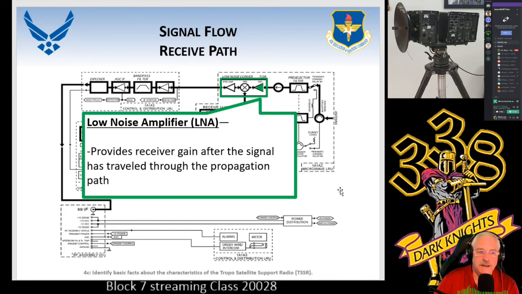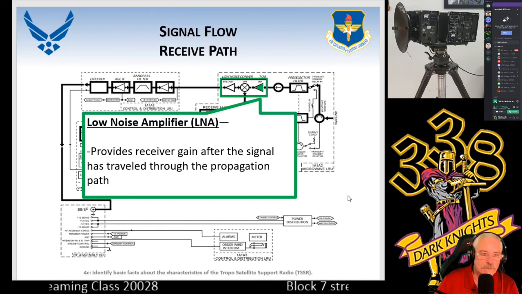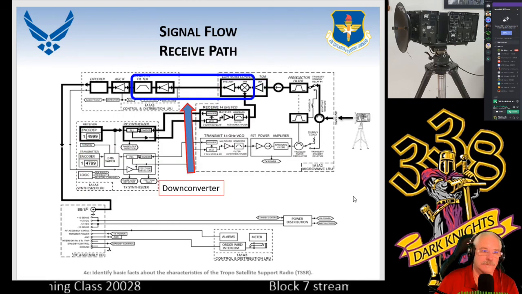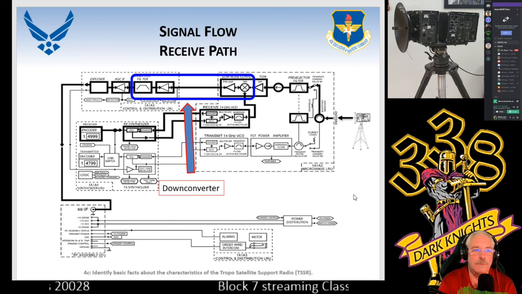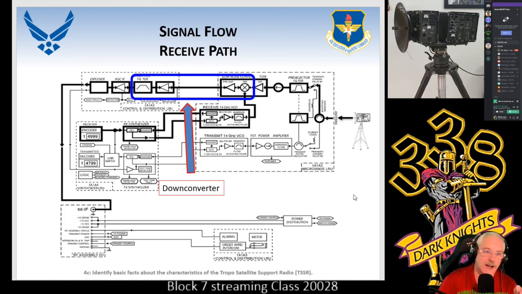This is going to take that signal and hopefully boost it enough to where I can put it into what's called the image reject mixer and be able to use that signal. It'll be at the same level as what our VCO is putting out. This next part is a down converter. Now, the reason why it's so big is it encompasses a couple pieces to get us that 70 megahertz out.